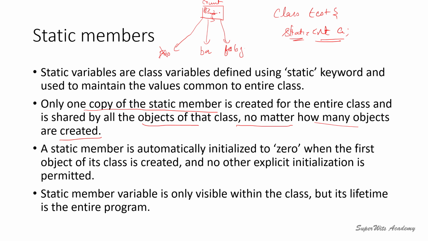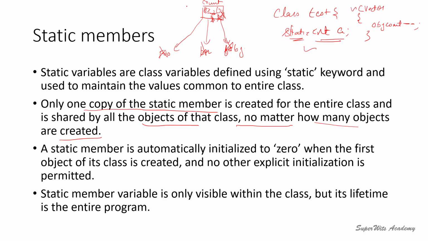Whereas once foo was destroyed, because of the destructor that we wrote by using a tilde sign, written in the same way as the constructor, CVector, within this we have reduced the count by 1. That has been decremented by 1. So that is the reason why instead of 3 the value becomes 2, and once bar is destroyed it will become 1, and when the f object is destroyed it will go to its initial value, that is 0.